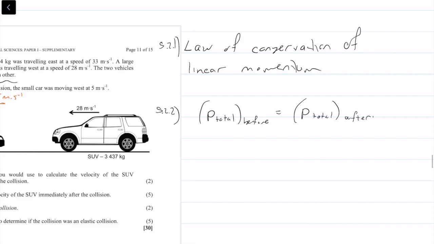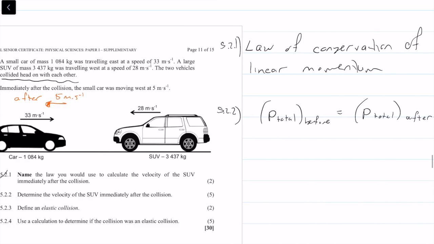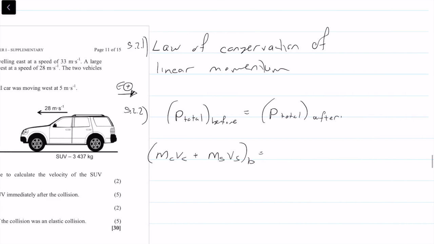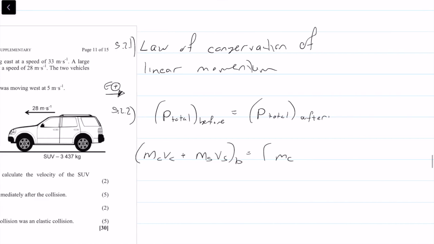Okay, so let's work out the total momentum, and I'm going to take east as positive. Momentum is made up of mass of the car, velocity of the car, plus mass of the SUV, velocity of the SUV before, is equal to mass of the car, velocity of the car plus mass of the SUV, velocity of the SUV after.